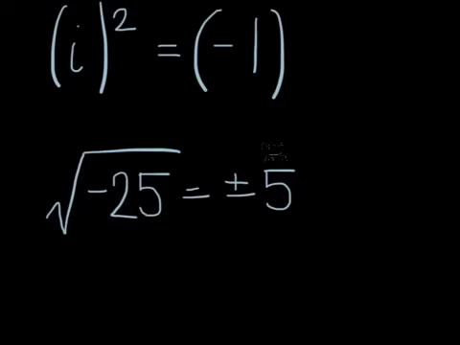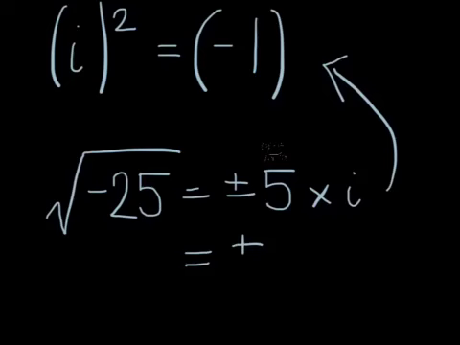And the square root of negative 1 is i. So i squared equals negative 1, times positive or negative 5 squared, which equals positive 25. So it's negative 1 times positive 25, which equals negative 25. So the square root of negative 25 equals positive or negative 5i.